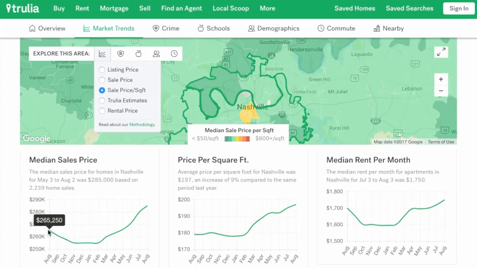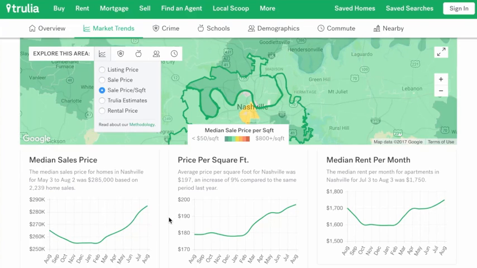The market was here and it's gone like this. So the market in Nashville, if you don't know this, it's on fire right now. It's a seller's market. It's really going up. And you can see price per square foot is kind of following that same trend, right? It's gone from 179 to 197. Here it's gone from 265 to 285 over a 12-month period.